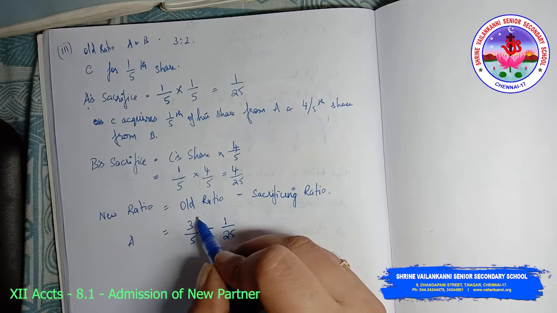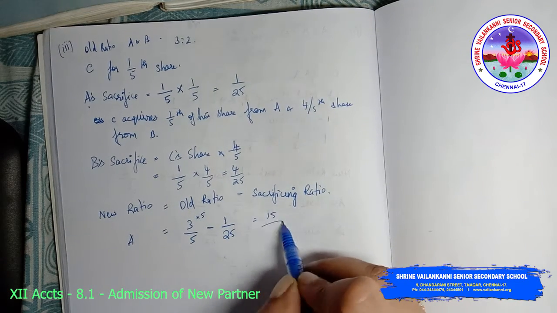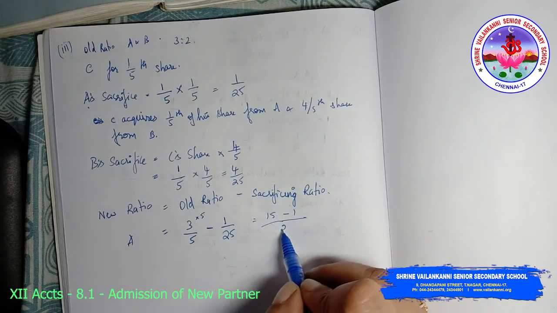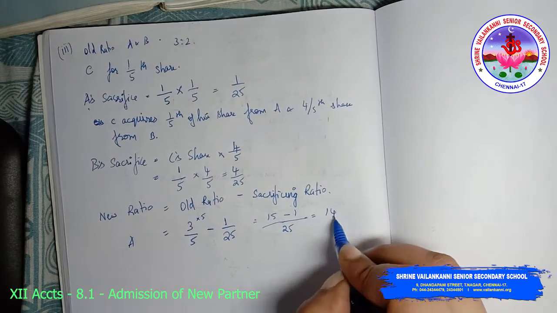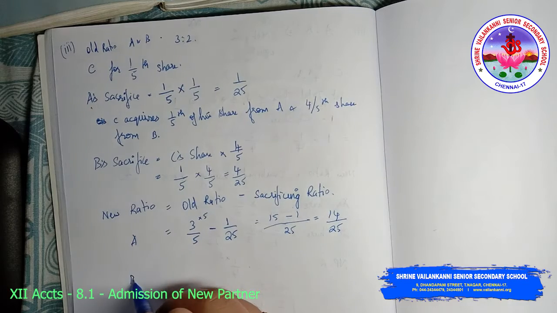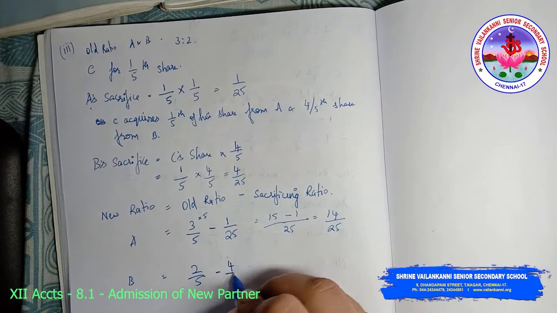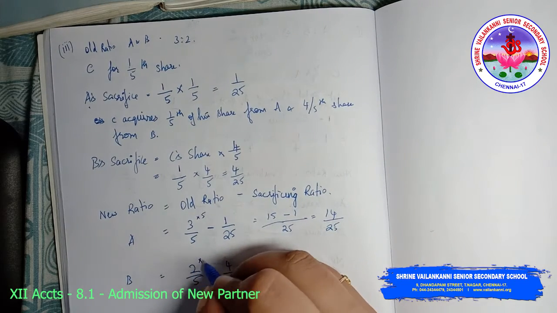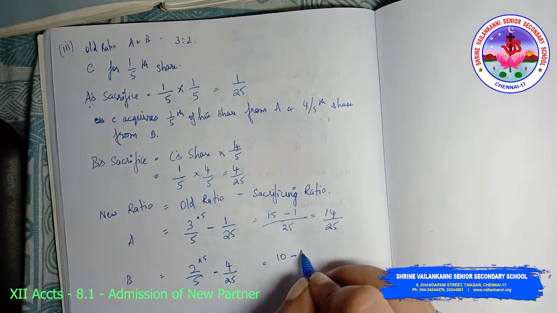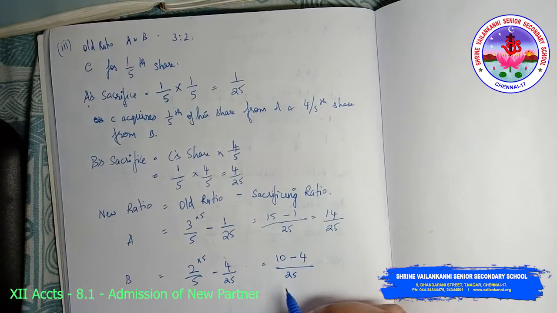In order to equalize, I am multiplying by 5. So 15 minus 1 over 25, which happens to be 14/25. B's ratio is 2/5 minus 4/25, which happens to be 10 minus 4 divided by 25.